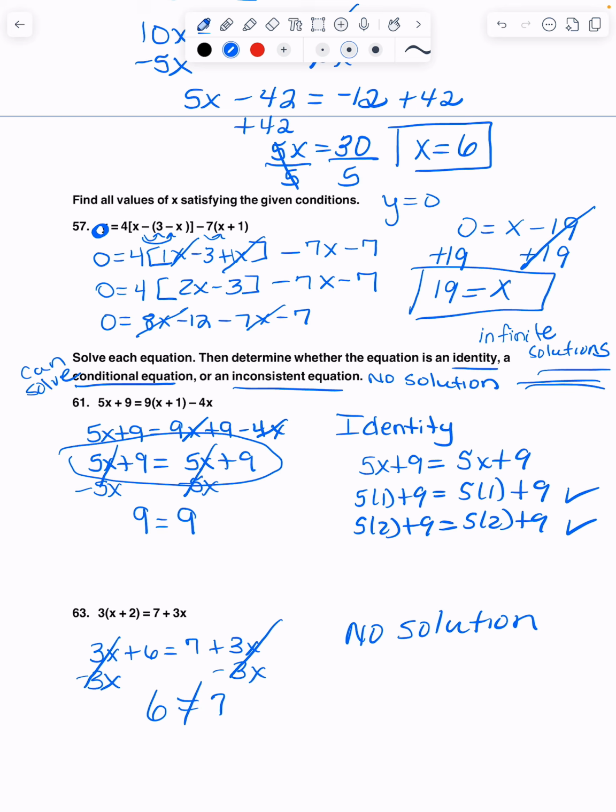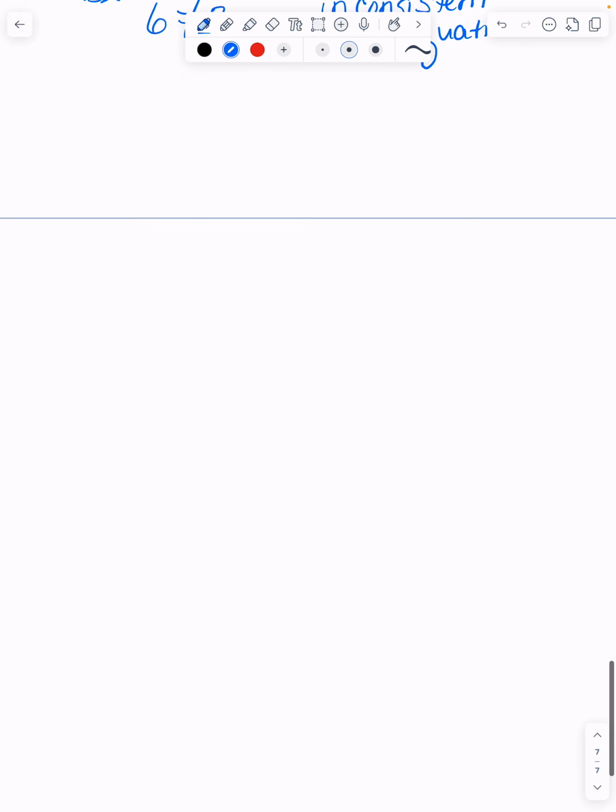There's no number that I could plug in for x that would ever make the left side equal the right side. This is what we consider an inconsistent equation. So when your variables cancel out and the statement is not true, we have an inconsistent equation, basically an equation with no solution.